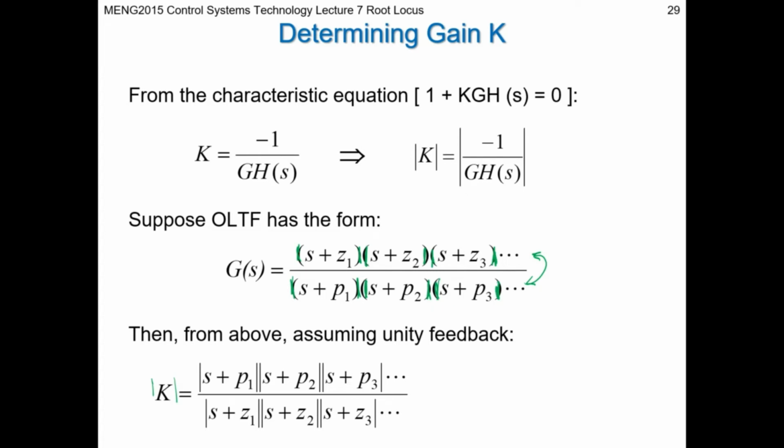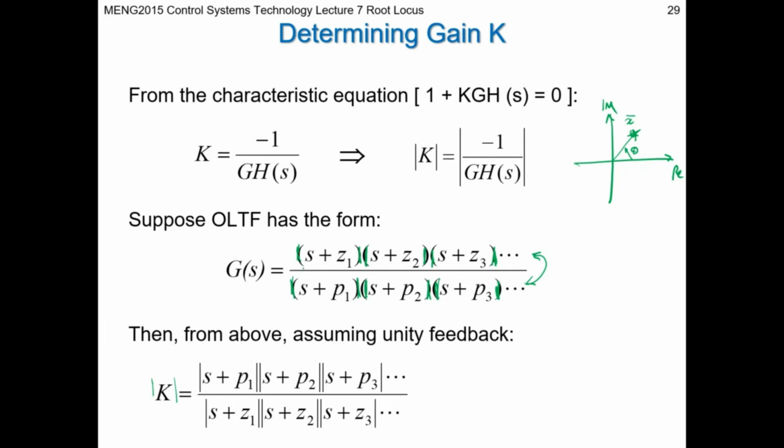What's the magnitude? Any value on an Argand diagram is defined by its argument theta and its magnitude x bar, right? So any complex number has a magnitude and an argument.